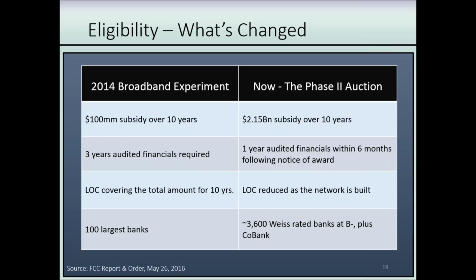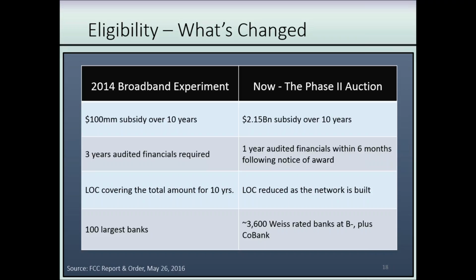The letter of credit would be established by a bank to support you, and should the FCC determine that you have failed to meet the performance, they will provide notice to you with a 6-month period to cure, as the rules are established per the report and order of May 26th of this year. And so they will give you 6 months to cure. They don't want you to fail. They want you to win. They want you to meet your commitments.